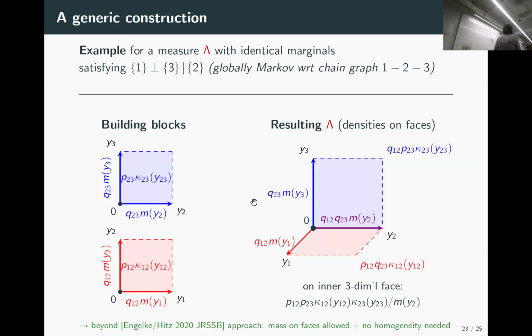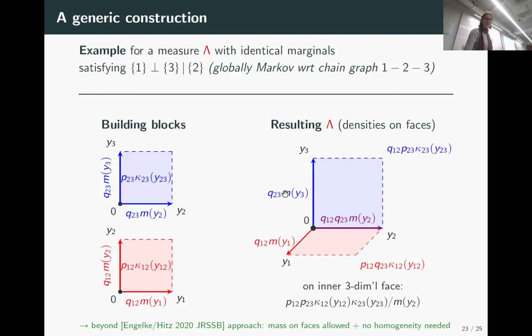And so if we wanted to construct something that satisfies a certain conditional independence relation, we now have an idea how to do that. Basically, that's what I wanted to say about this situation, without really going into details of how to do that.